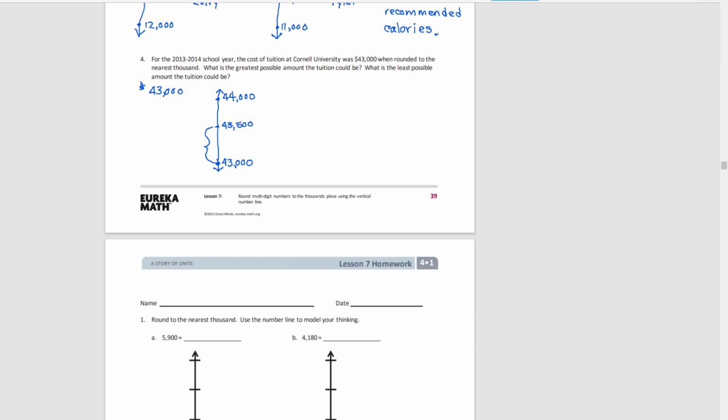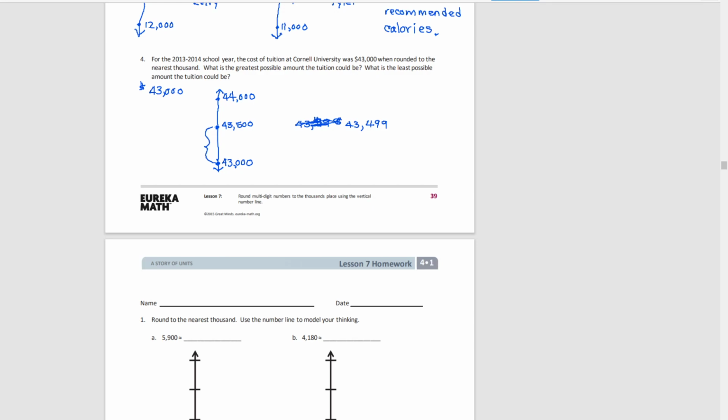So the greatest amount it could be would be right here, would be $43,499. 1 less than 500 would be 499. So more than that, it would round up to 44.